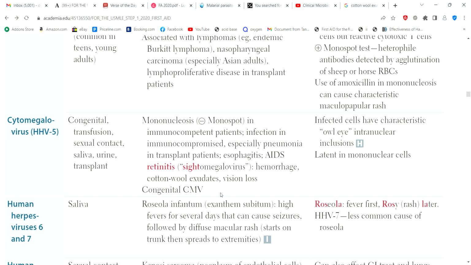Okay. The cotton wool exudates, vision loss.